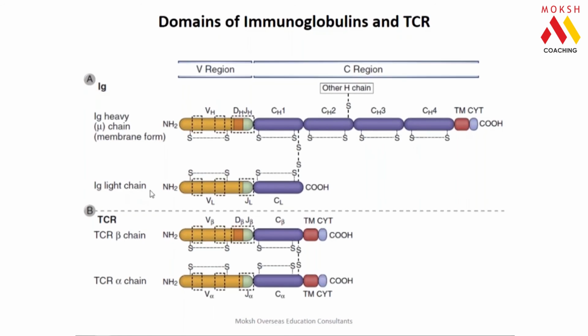Now the light chain is very similar, but it does not have a diversity area. Same thing with the TCR. It has a V, a D, and a J for the beta chain, but the alpha chain, just like the light chain, only has a variable and a joining segment. Now they all are followed by a constant region. Usually, that first constant region we hit is going to be called the mu region.